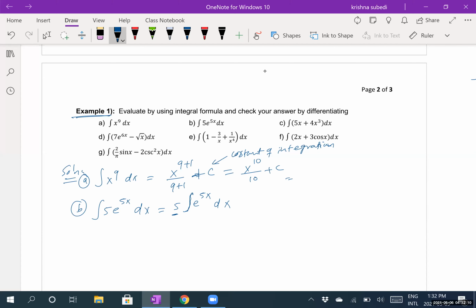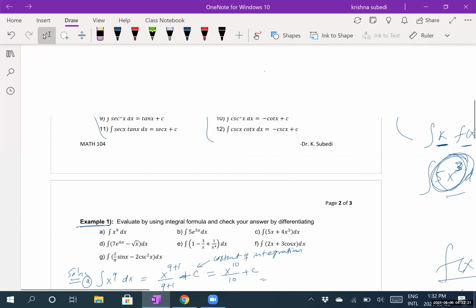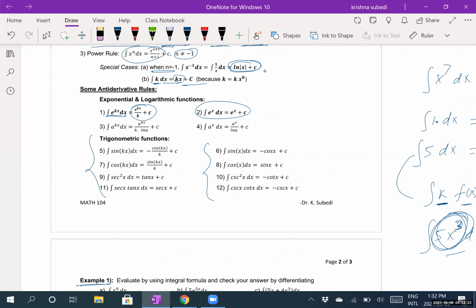Okay, and so you have 5 there, and this one using the formula. Look at formula number 1 here: e raised to power kx dx equals e raised to power kx over k plus c.